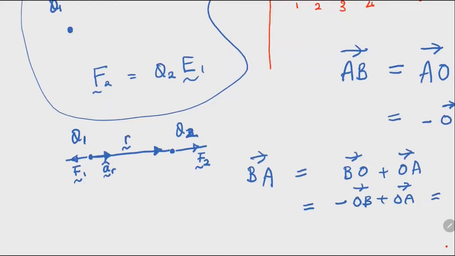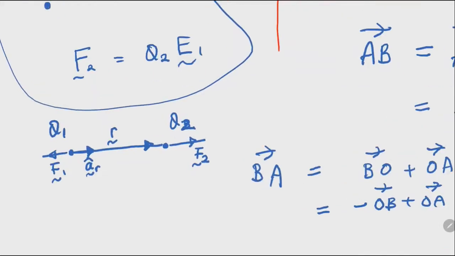So I can see that this unit vector R is pointing in the same direction as F2. Okay, that's what we define it to be.